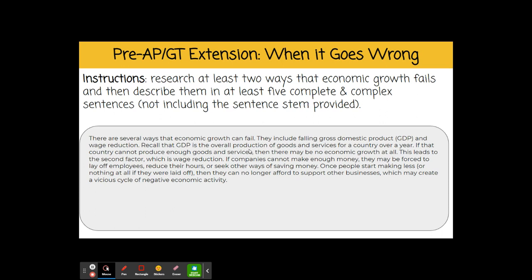So if the GDP falls, then a lot of times businesses have to fire people. They have to lay people off. They have to put them on furlough. They hire people for shorter amounts of hours or for less pay. Sometimes they will even reduce the pay of existing employees. That's a very rare circumstance, but it has happened in the past.